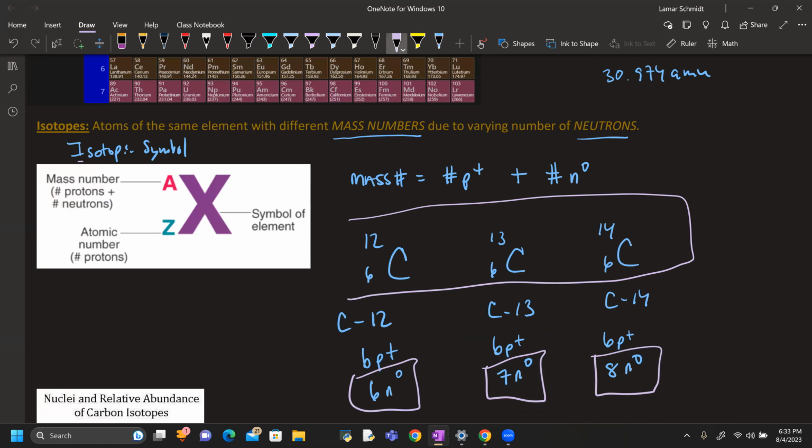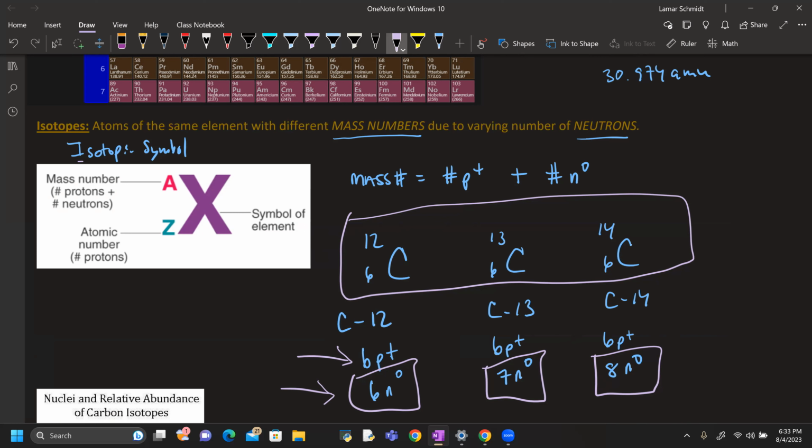These are our isotopic symbols. And we see that we get the mass number and the atomic number. And what can we determine from the mass number and the atomic number? We can determine the number of protons and the number of neutrons. So from the isotopic symbol, you can determine the mass number and the atomic number. And from that data, you can get the number of neutrons.